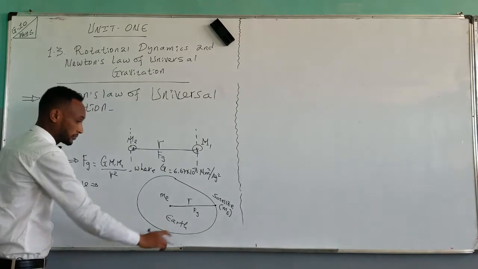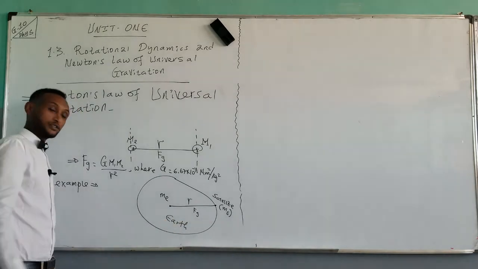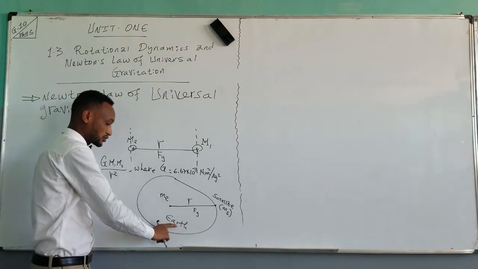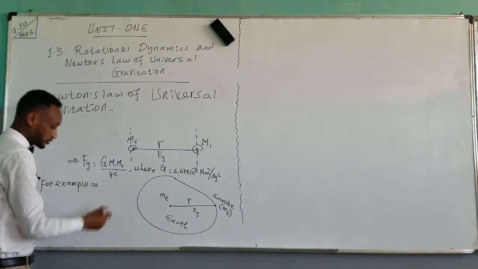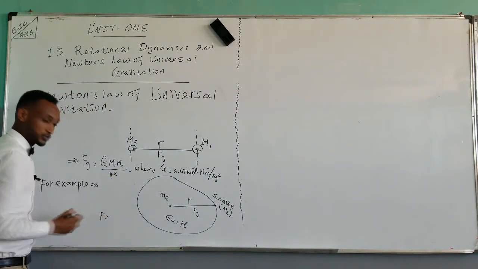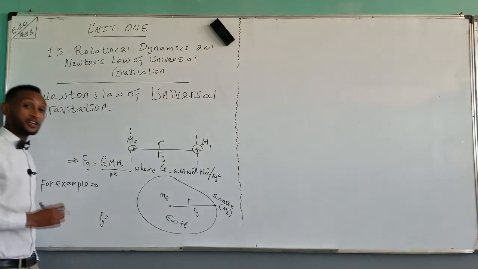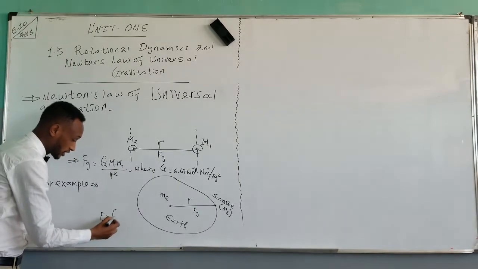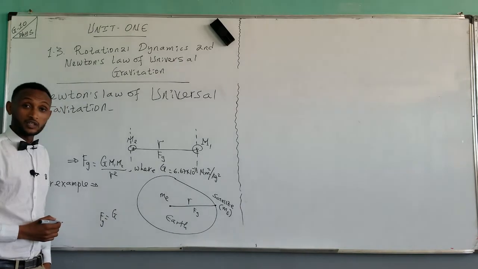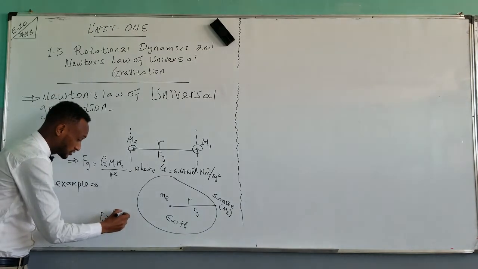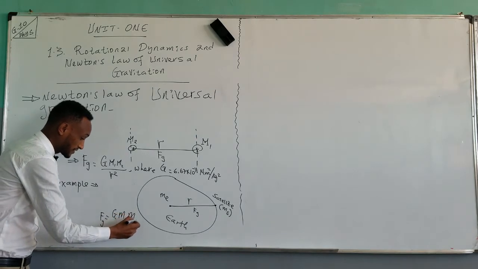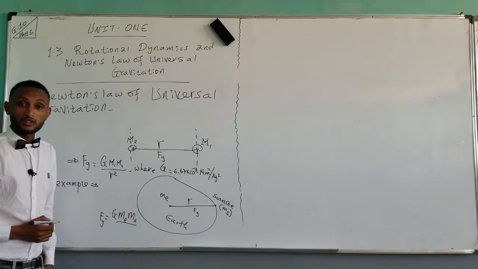In this case, the gravitational attraction force between the Earth and its satellite is equal to the gravitational constant times the mass of the Earth times the mass of the satellite over the square of the distance between them.